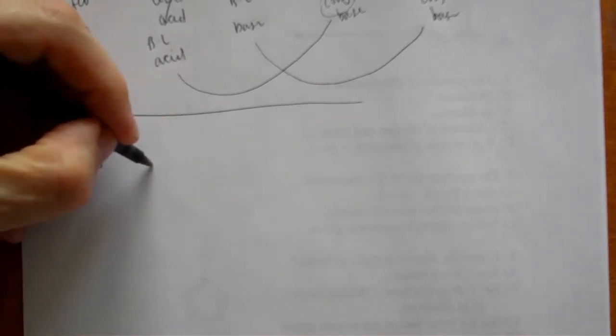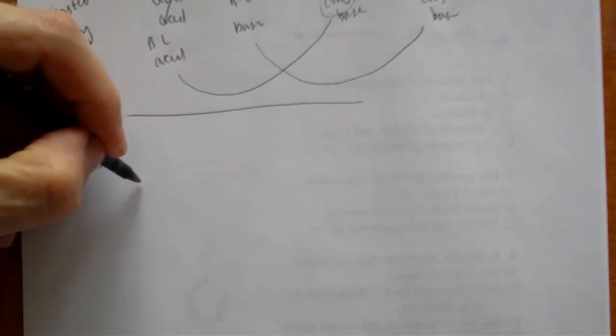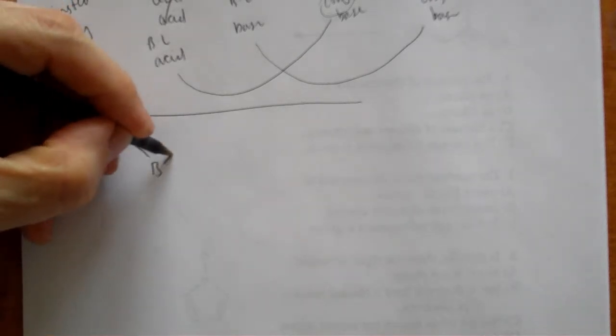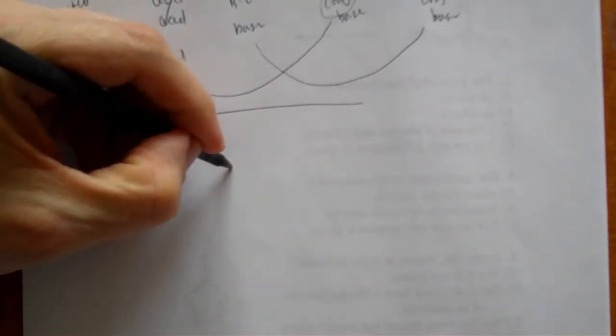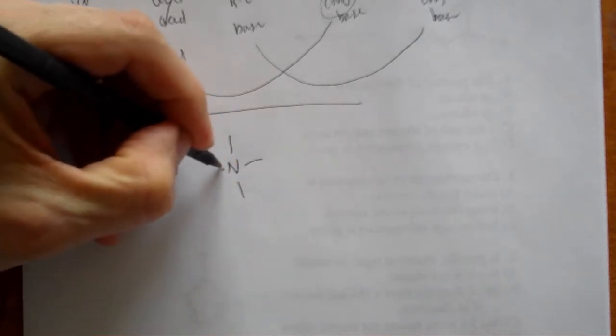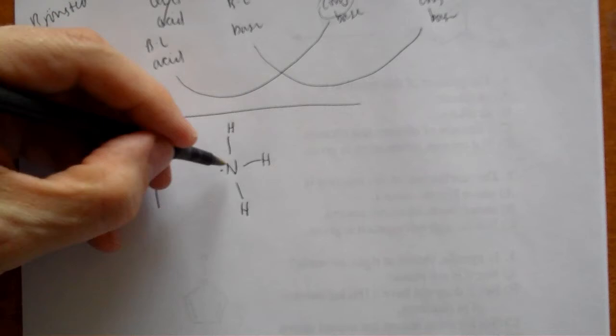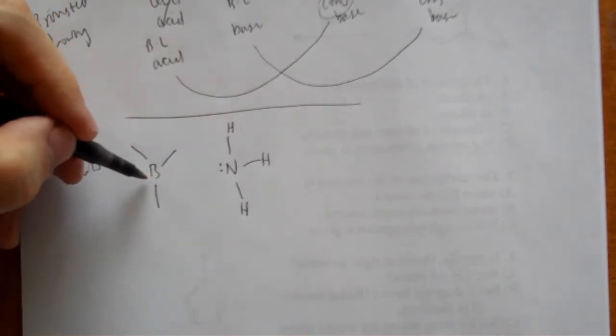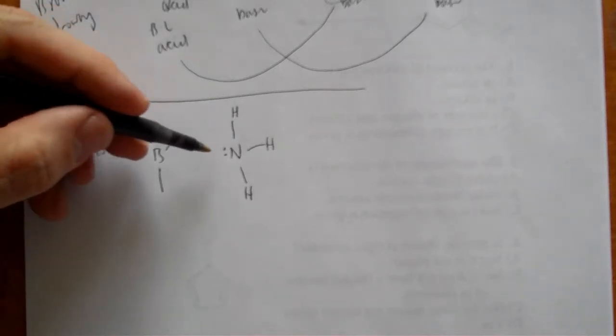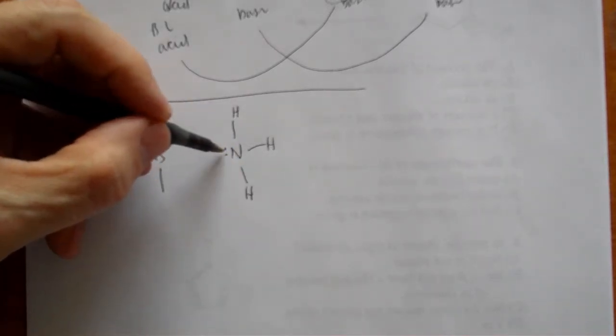A Lewis acid or base is, I guess, the classic example of a Lewis acid is something that accepts electrons, and a Lewis base is something that donates electrons. I keep saying these things backwards. Hopefully you get these terms in front of you. So this is something that donates electrons. This is something that accepts it.